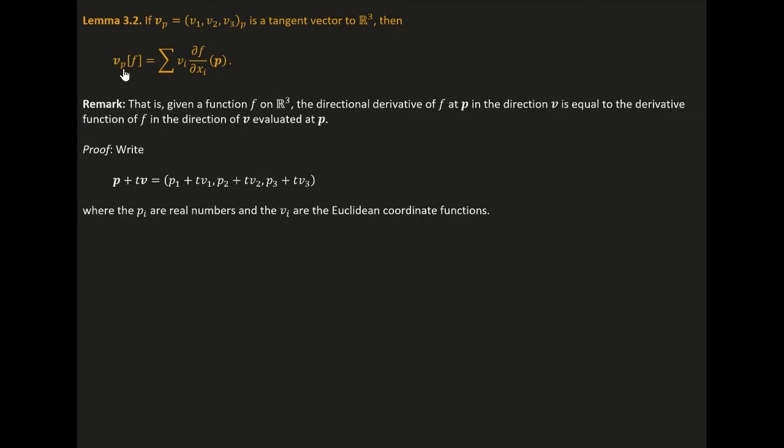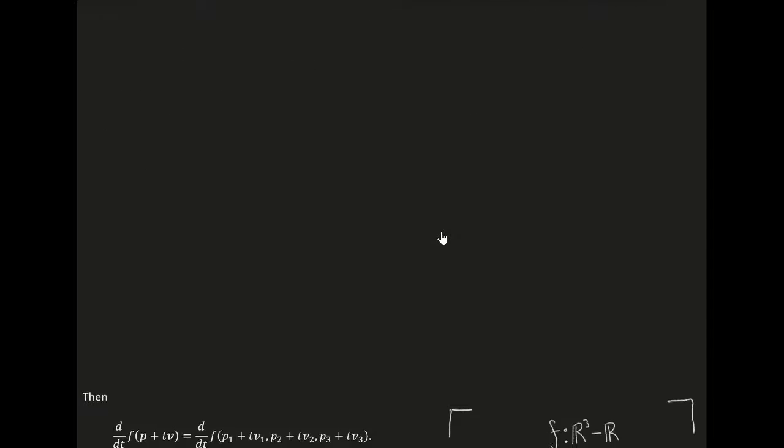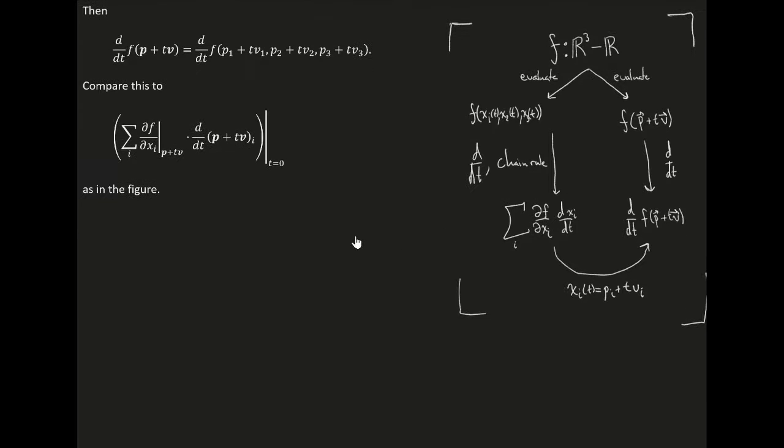In order to prove that this equation makes sense, we'll write P plus t times v in coordinates. So here we have the pi plus t vi, where pi are real numbers and the vi are the Euclidean coordinate functions. Then, of course, this derivative of f of P plus tv could be written in coordinates as well.